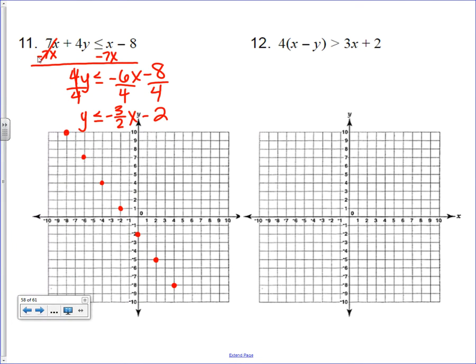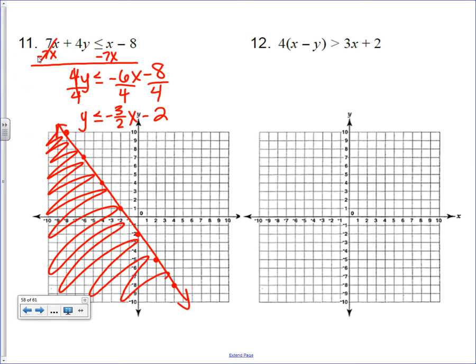Solid or dashed? Shading above or below? Below. And you know what? This brings up a very good point. I want everybody to take a look at number 11 that you just did. Does everybody see it? Yes? Take a look at number 10, the one right before it.